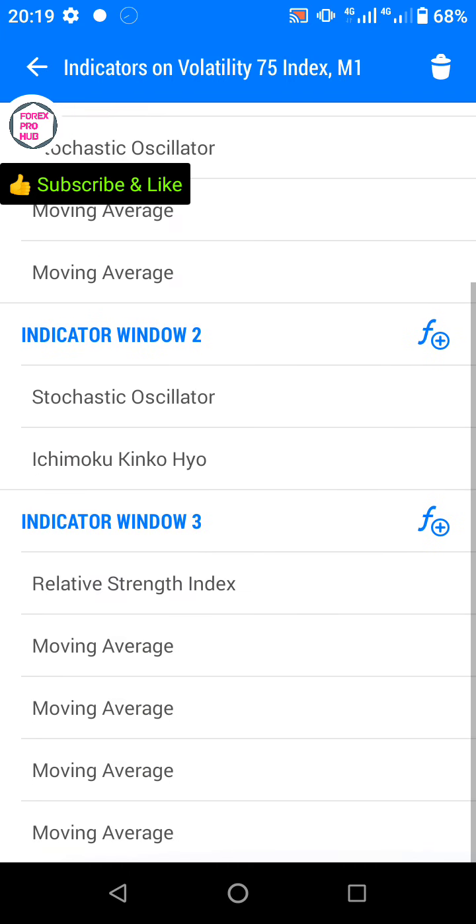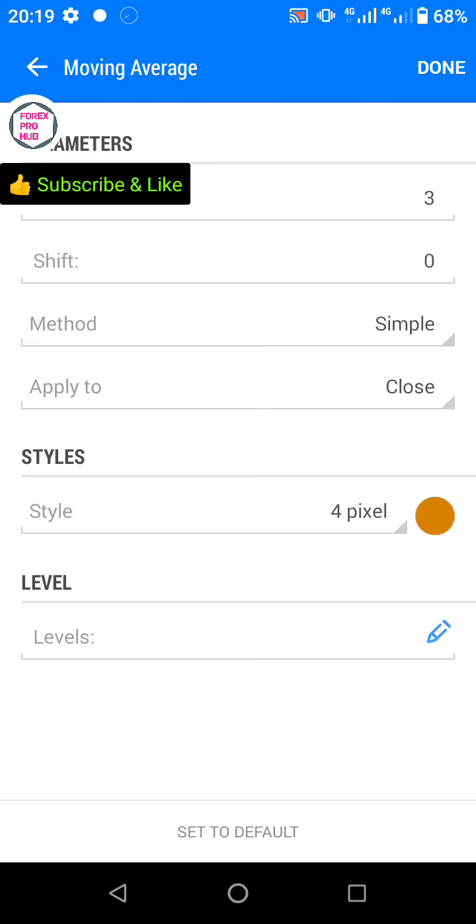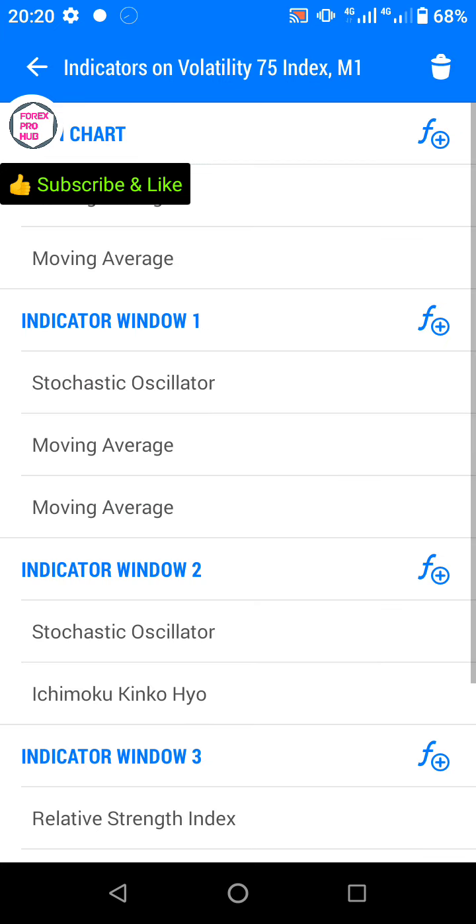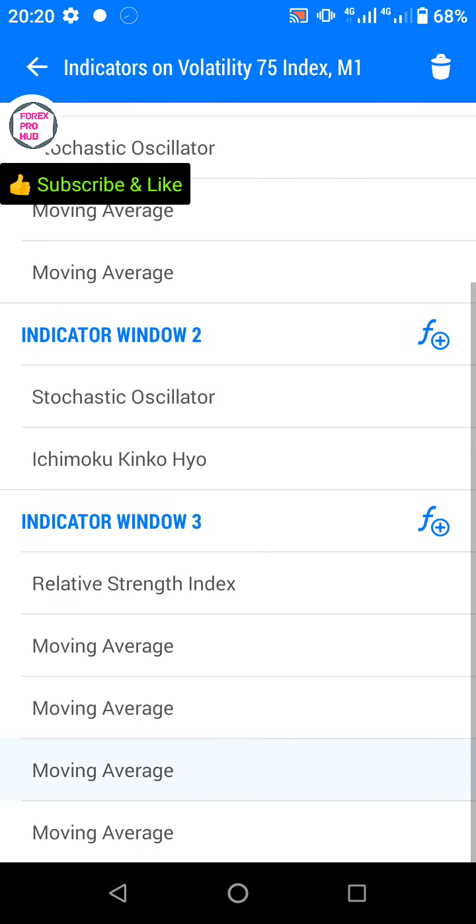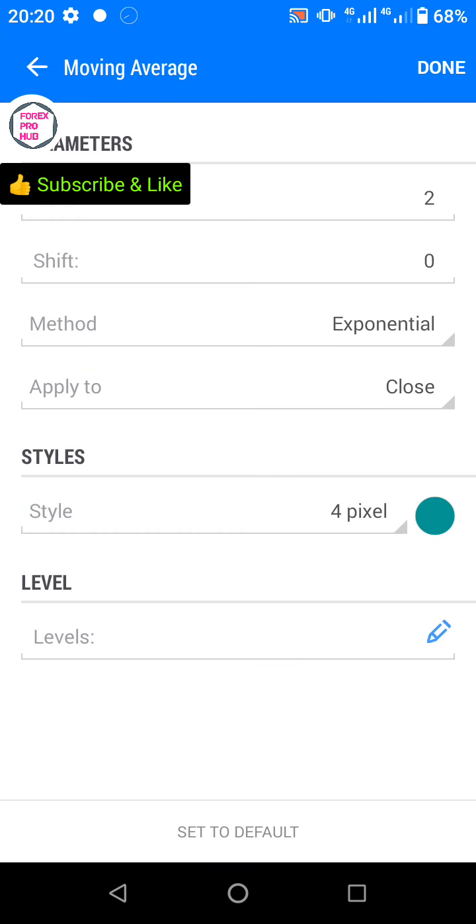The next moving average is moving average 3, shift 0, method simple, apply to close, style is 4 pixel, color is gold, and then done. Third moving average is moving average 2, shift 0, but this time around method is exponential. Don't make that mistake.